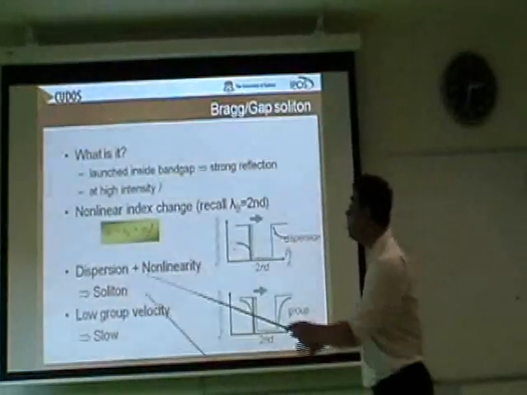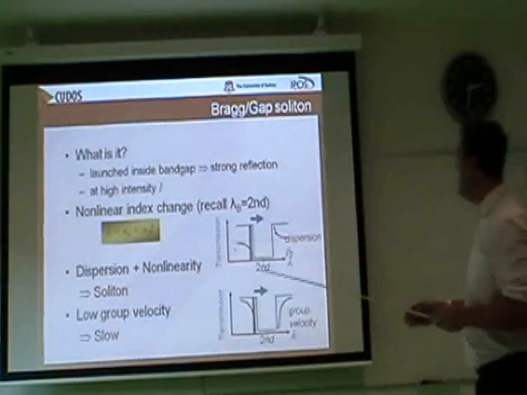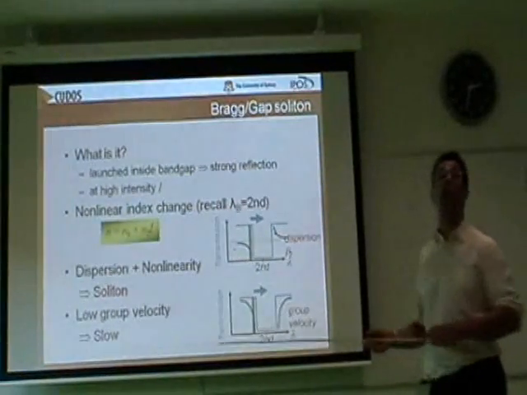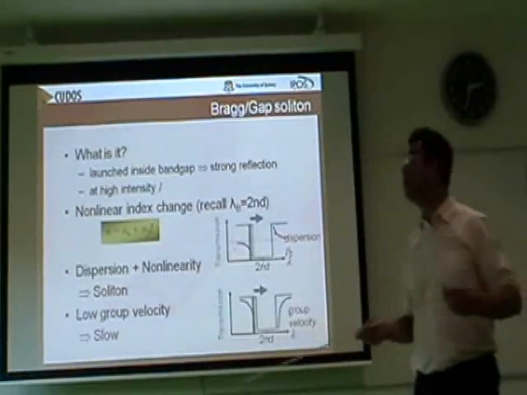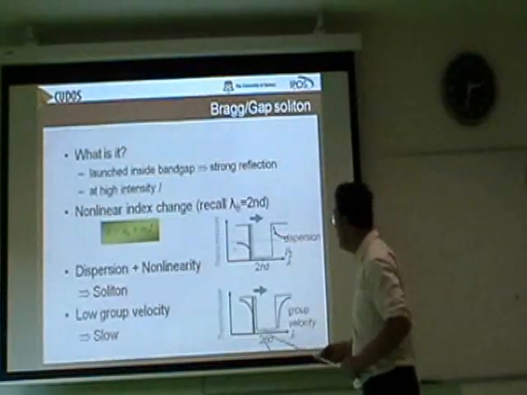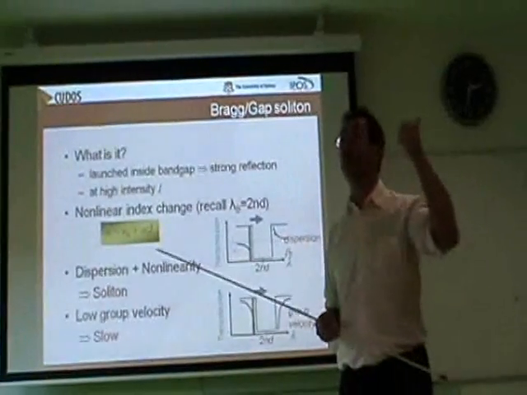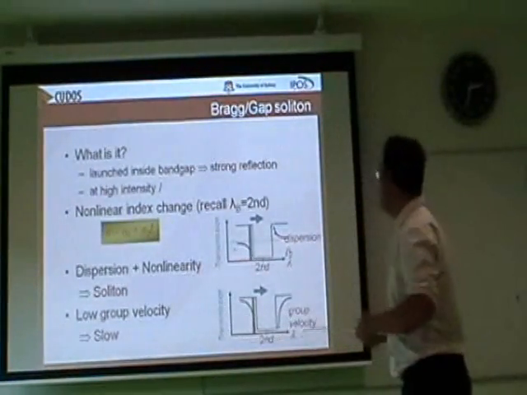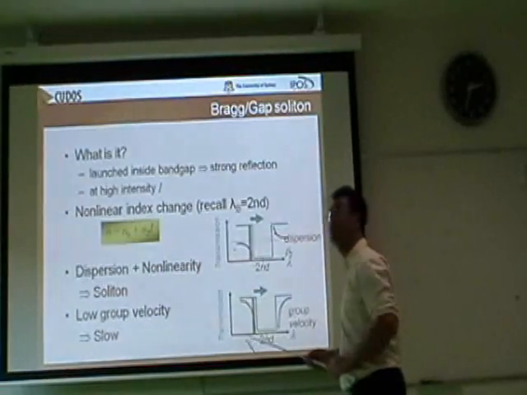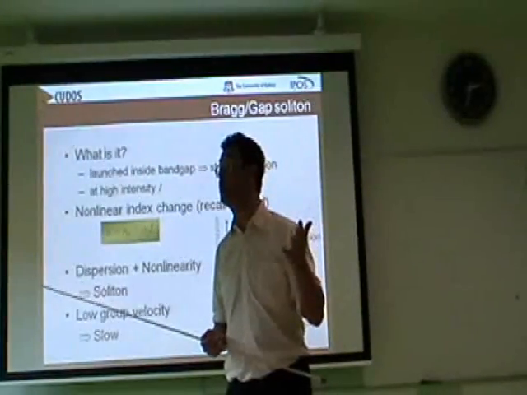Now, you get this soliton formation here, and in addition to that, we're in a region where light travels very slowly, as per the earlier argument on the previous slide. And so you have the possibility, at least in principle, to have these pulses that propagate very slowly, which is what you want, without broadening, because the very strong dispersion is in a sense balanced or cancelled by the nonlinear effect.